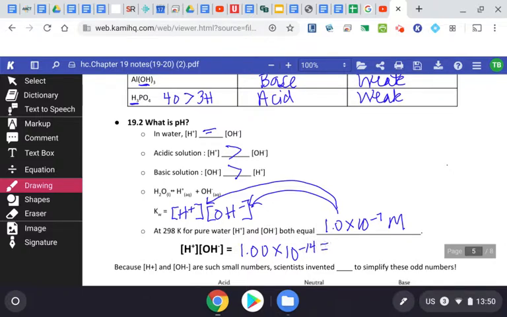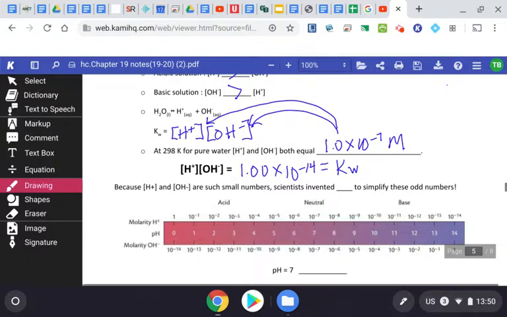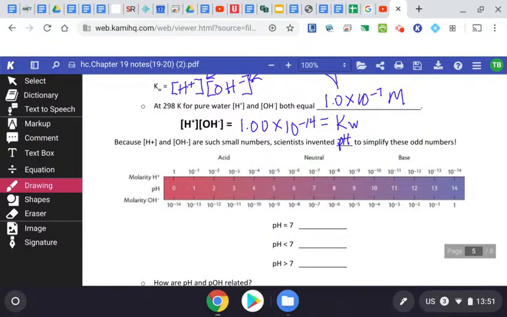That is the KW or the KEQ value for water. Because hydrogen and hydroxide concentrations are such small numbers, 1.0 times 10 negative 7th is a very small concentration, scientists invented the pH scale to simplify these odd numbers. And that's what you're seeing here.